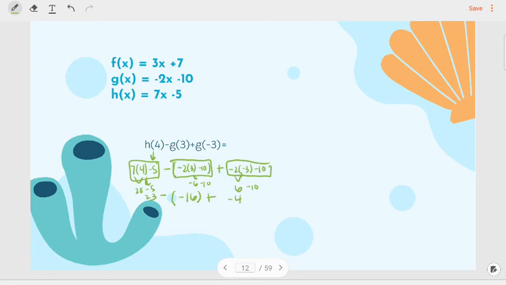So let's add all these together. 23 minus the negative means I add, and you can just type this in your calculator if you want to. These two together give me a grand total of 39, plus a negative 4 gives me a grand total of 35. And that would be my final answer.